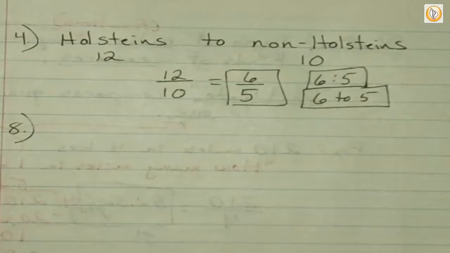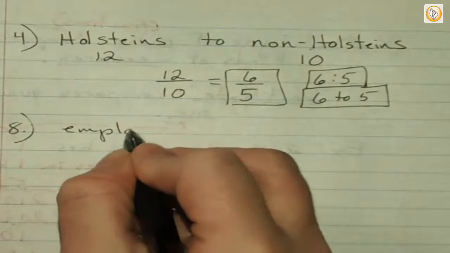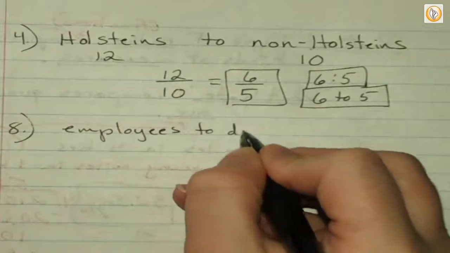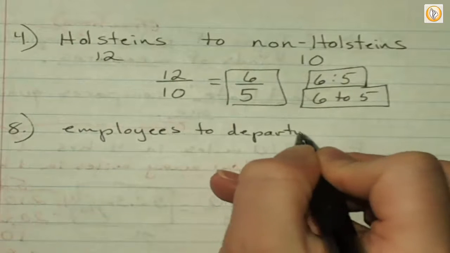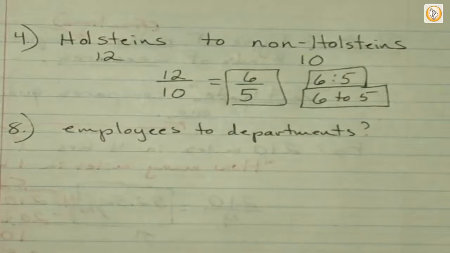So Joseph, it says a store has 10 departments and 48 employees. What is the ratio of employees to departments? So how many employees? 48.